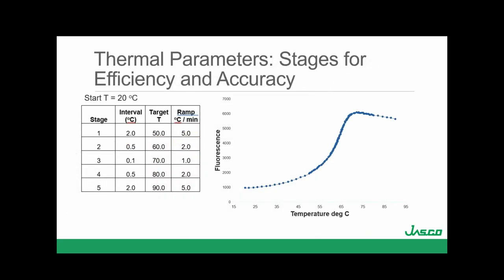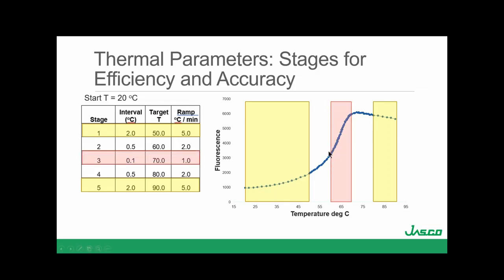Here I have a thermal melt curve, and to collect this curve, 5 stages were used. The stages that I've highlighted in yellow, 1 and 5, are on the flat portions of the curve, so I don't need as much data to clearly define that. I don't have to go in 0.1 degree Celsius steps. So here I have a faster ramp rate and a greater temperature collection interval.